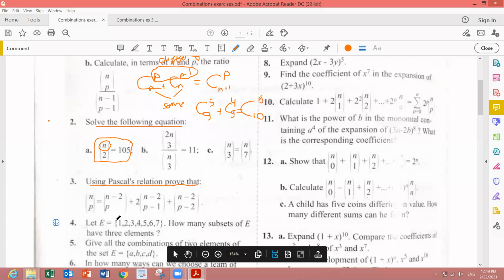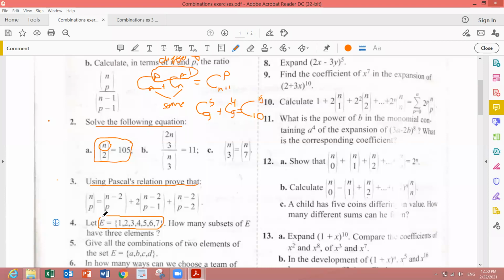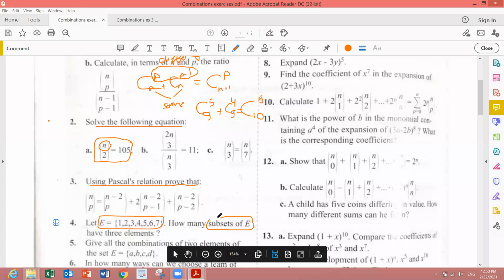Okay George, answer this question. Exercise 4. You have the set E that contains the numbers from 1 till 7. How many subsets of E of 3 elements, George? How to know the subsets of 3 elements? 7 C3.